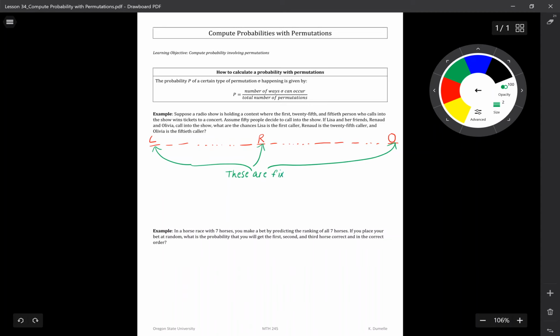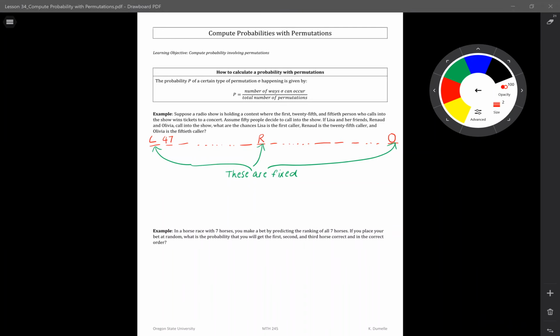So how many different ways are there for this situation where Lisa is first, Renaud is 25th, and Olivia is 50th to occur? Well, if 50 people call, I already have 3 of them accounted for, right? So in the second slot, there are how many different possibilities? There are 47 different people who could call in to the second slot. Why 47? Well, we have 50 people total, and I already have 1, 2, 3 accounted for.